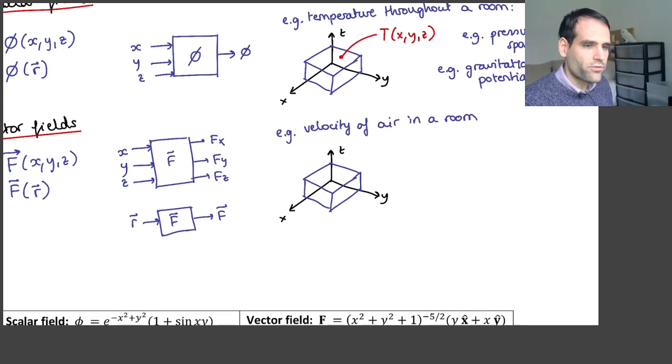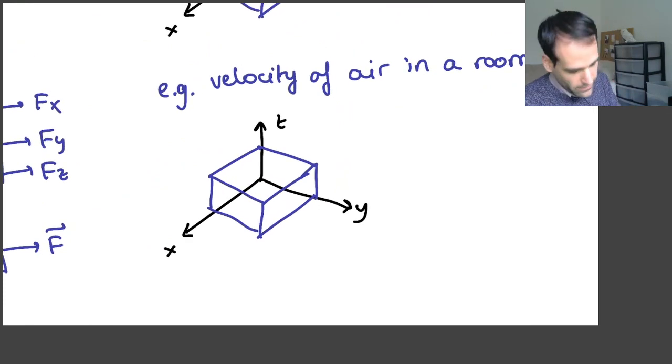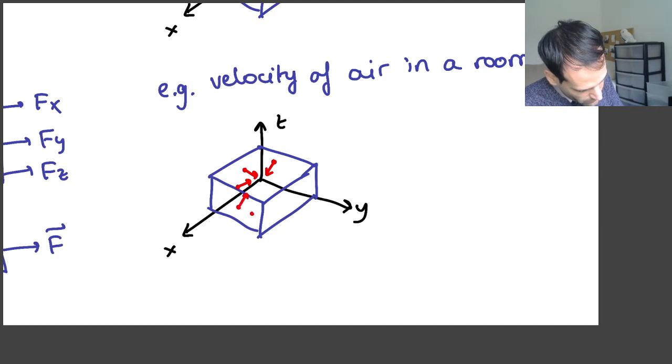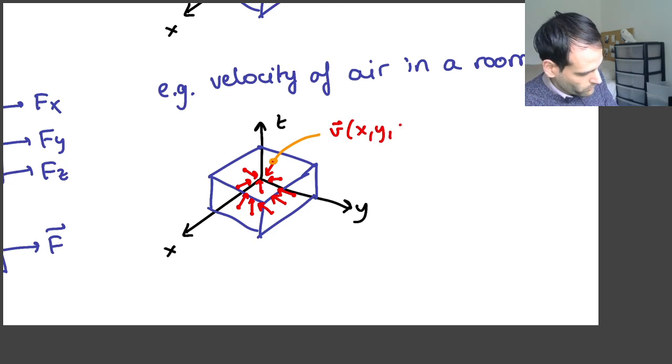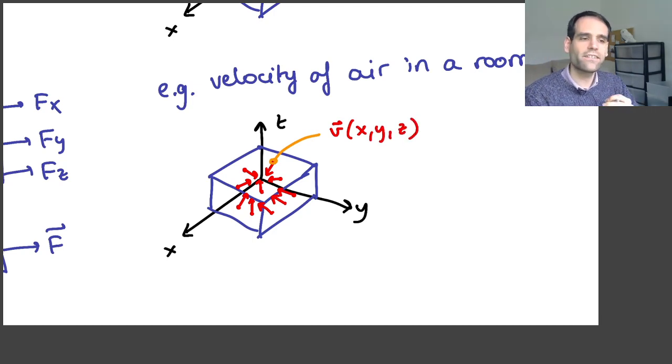For example, you have this room here, and at each point, the air is flowing, and it's flowing with a certain speed and with a certain direction. And this might be changing, right? So maybe there's a current coming from a window over here, and there is like a whirlwind, and things like that, right? So at each point, there is a velocity which depends on position. And since the velocity is a vector, this is a vector field. Okay? It's a vector that depends on position.